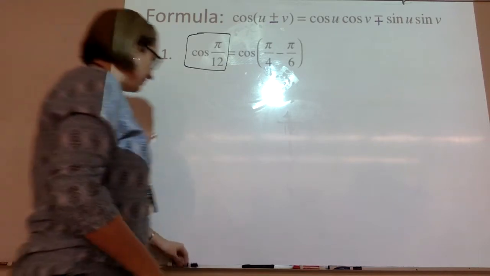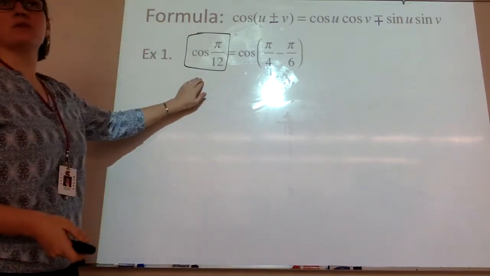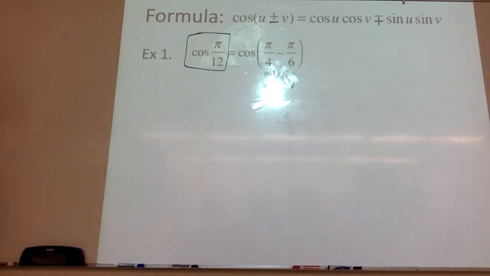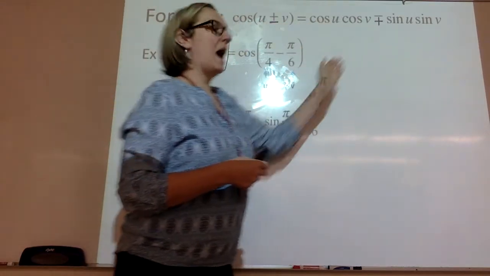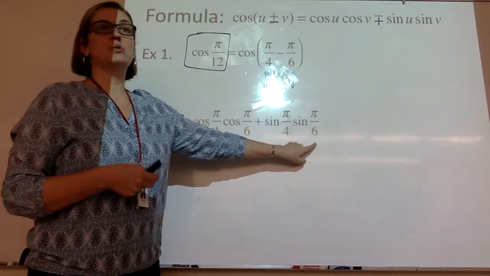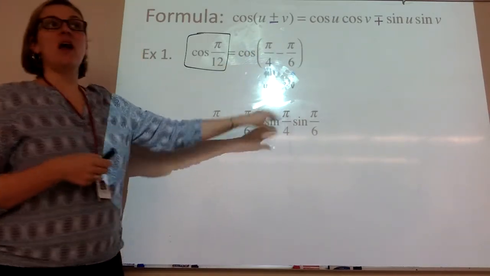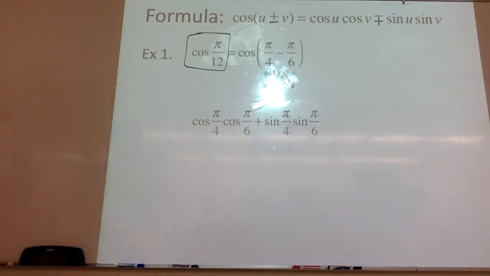So one strategy for doing this is take your original problem, rewrite it in adding and subtracting form, and then identify what is U and V, then rewrite using the formula where I just plug in what U and V actually are.